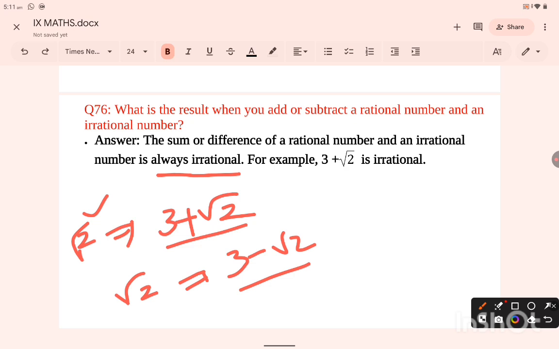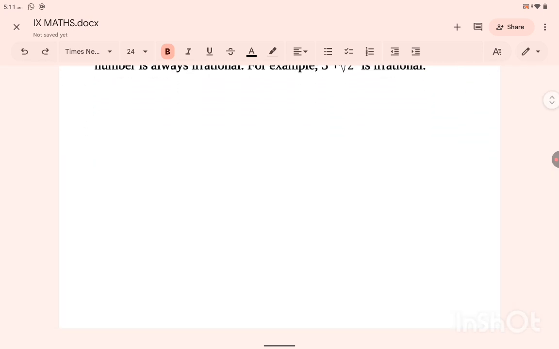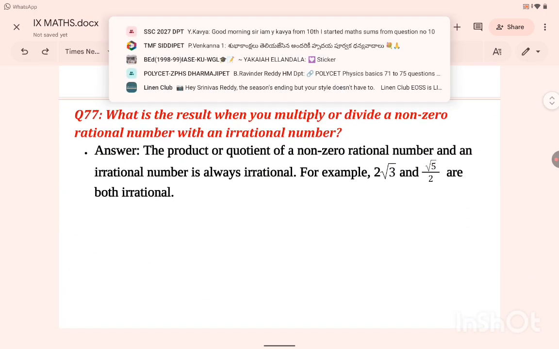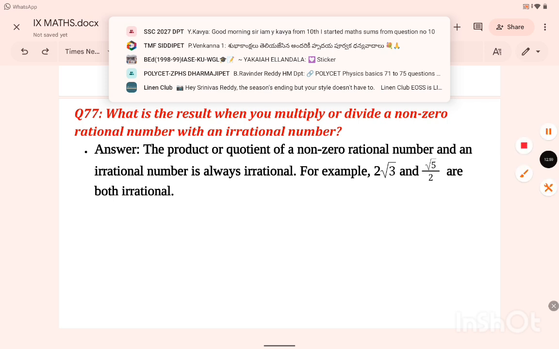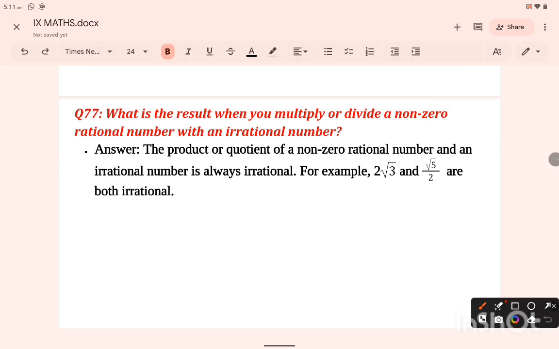Right. Now, next question, 77. What is the result when you multiply or divide a non-zero rational number with an irrational number? Suppose root 5 is irrational. Now we multiply with a rational number 3, that gives 3 root 5. This is an irrational number.